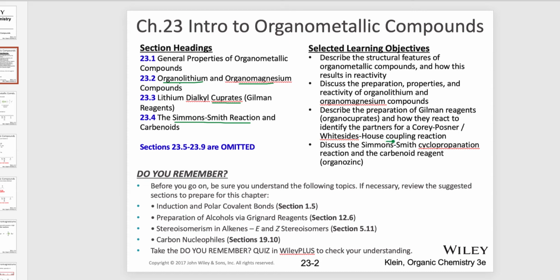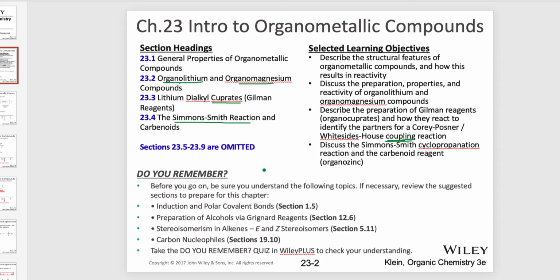And it is a coupling reaction, so that's a new kind of way of thinking how we are forming these bonds. And then we're also discussing the Simmons-Smith reaction, which is a cyclopropanation reaction, meaning that you are forming a three-membered ring. And this relies on the connection of carbon with zinc.